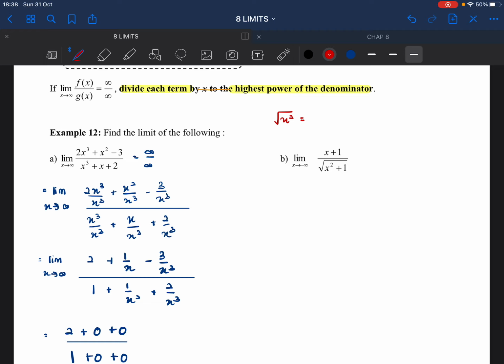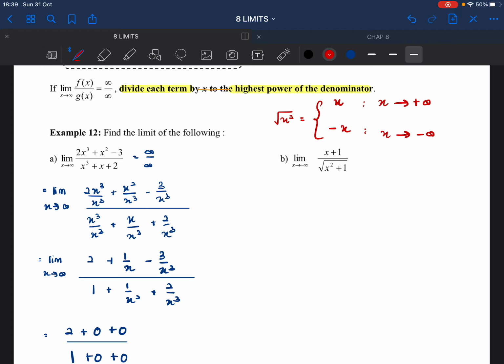Modulus x is the square root of x squared, which is positive x when x is greater than or equal to 0, and negative x when x is less than 0. x greater than or equal to 0 is for x approaching positive infinity, and x less than 0 is for x approaching negative infinity. So this is the definition that you have to know. Alright, so let's see example B.